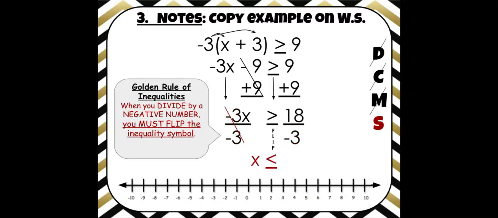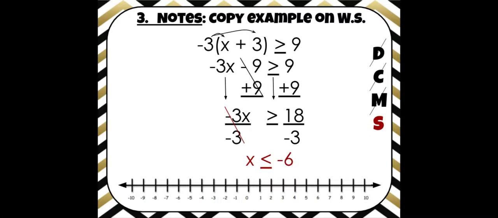So we're going to take our greater than or equal to sign and turn it into a less than or equal to sign, and then just solve for x. So our -3's cancel out, and then we'll do 18 divided by -3, and we get x is less than or equal to -6.